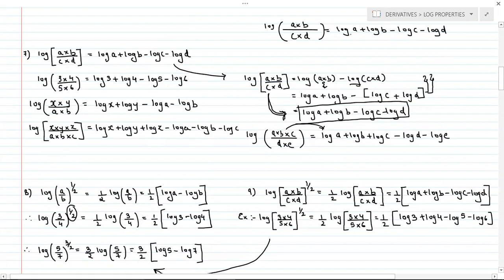So in simple language, for the numerator term you will attach a positive symbol, and for the denominator term you will attach a negative symbol. Remember this, okay? You can remember this property like this also.